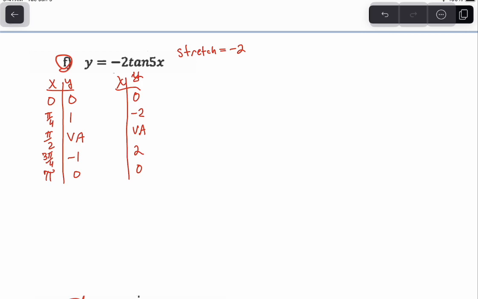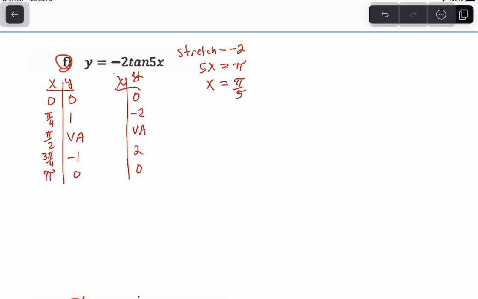Now the inside stuff is going to affect our x values. So if we set 5x equal to pi, that's going to tell us what's going to happen to our period. You'll notice we have to divide by 5. So that tells us that every one of our x's need divided by 5s, unfortunately.